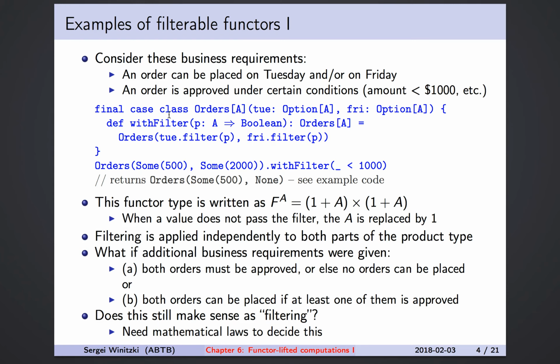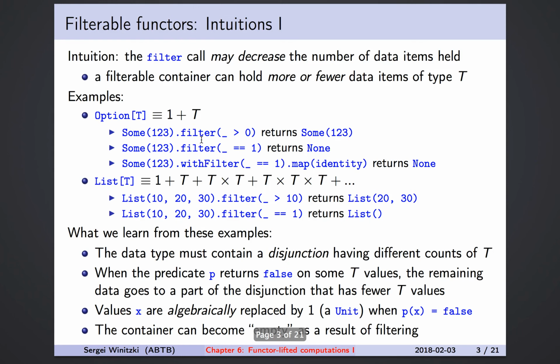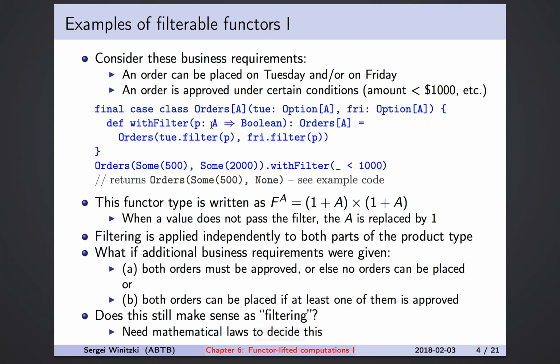And then we define a filter function on this case class by simply calling the filter function on each option. Now the filter function on Option does what we just saw. So that's going to represent exactly what we want.